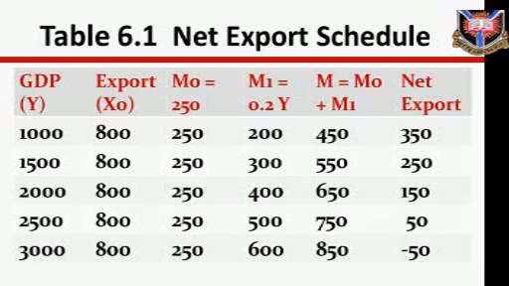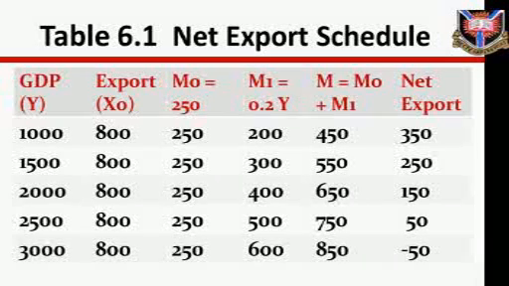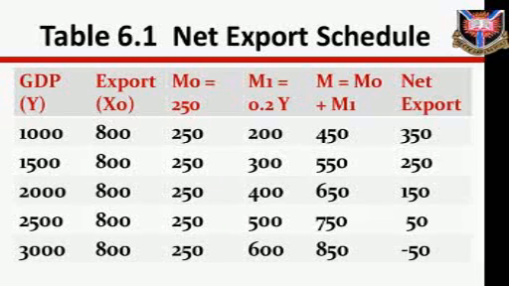M1 is 200, M0 plus M1 is 450, net export is 350. When GDP is 1,500, export is 800, M0 250, M1 300, M0 plus M1 550, net export 250. When GDP is 2,000, export is 800, M0 250, M1 400, M0 plus M1 650, net export 100.